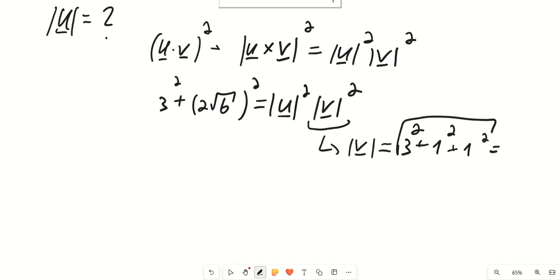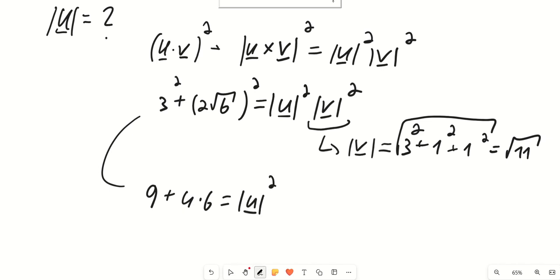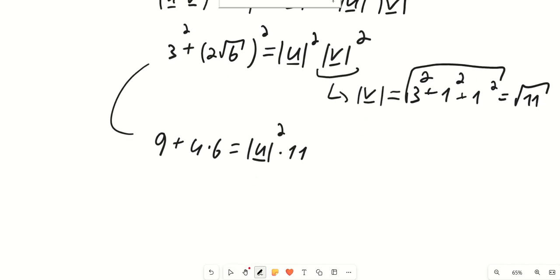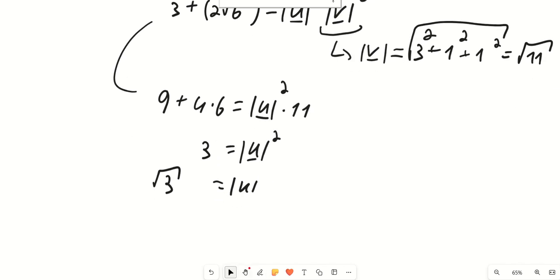And of course the square root of that, and this gives square root of 11. So now I can move on. I get here 9 plus 4 times 6 equals U magnitude squared times 11, and from here I can get that U squared equals 3 and U is the square root of 3. So this is part 2.